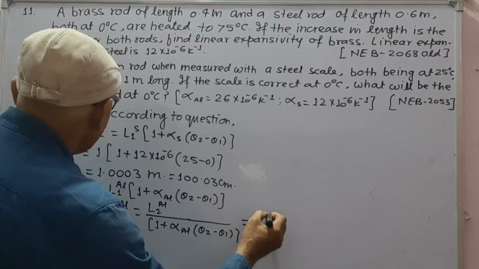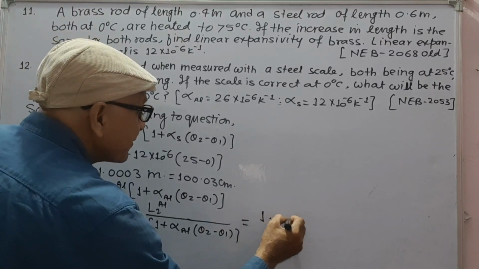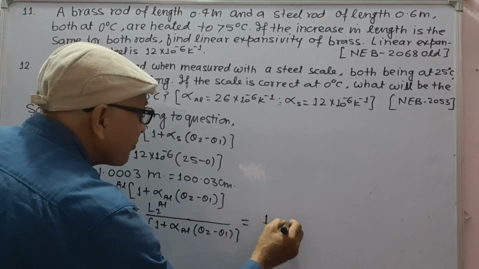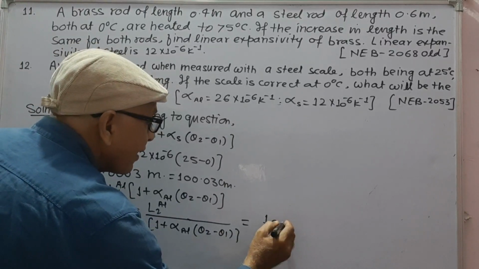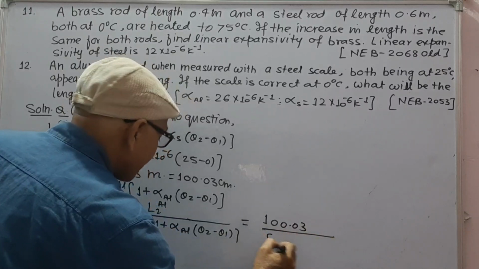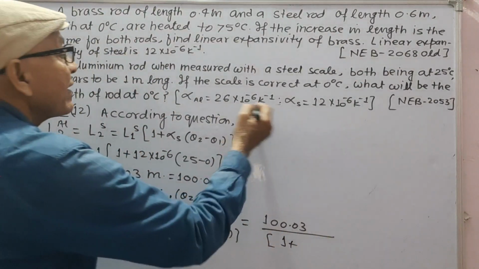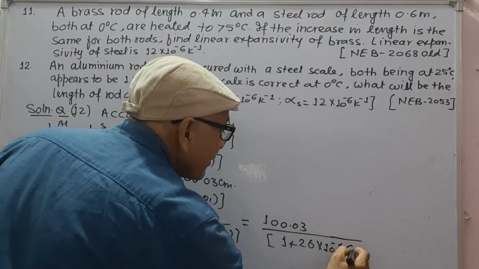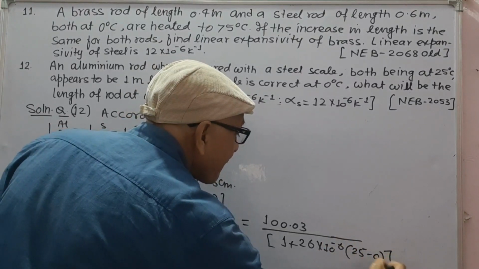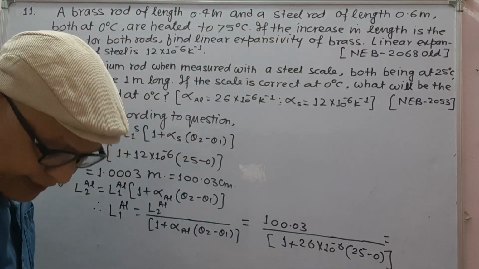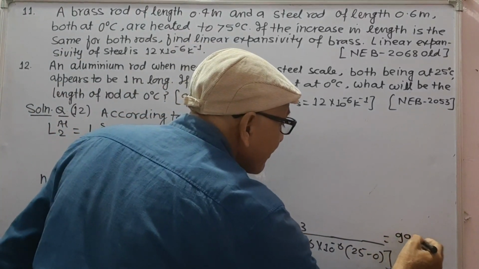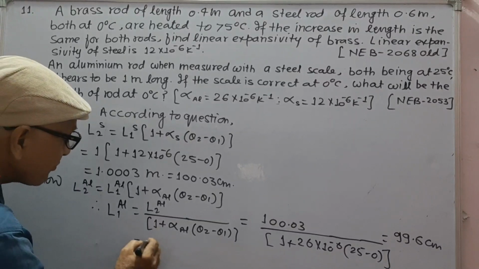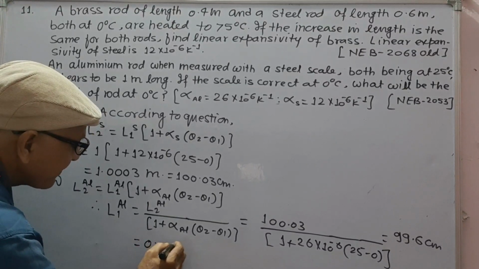That is 100.03 divided by 1 plus 26 into 10 to minus 6 into 25 minus 0, which gives 99.6 cm, or 0.996 meter.